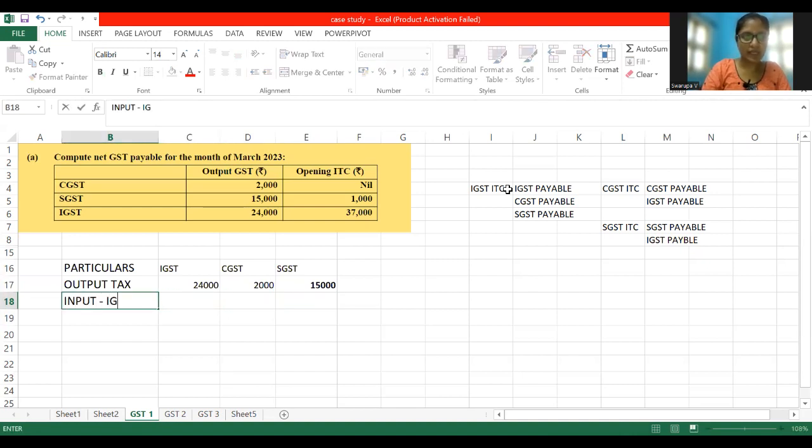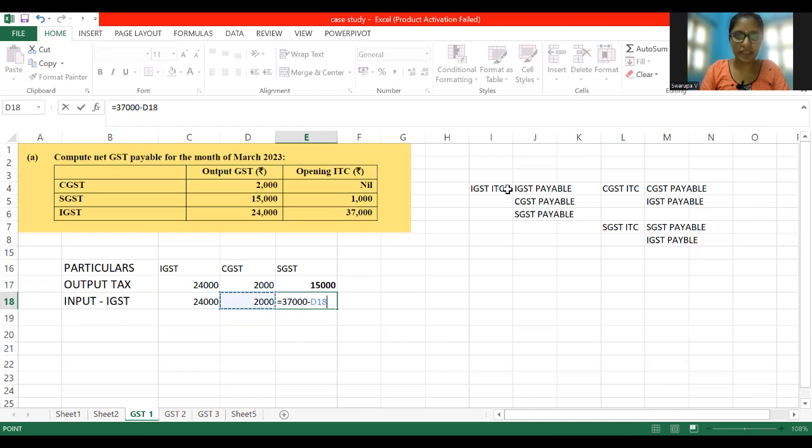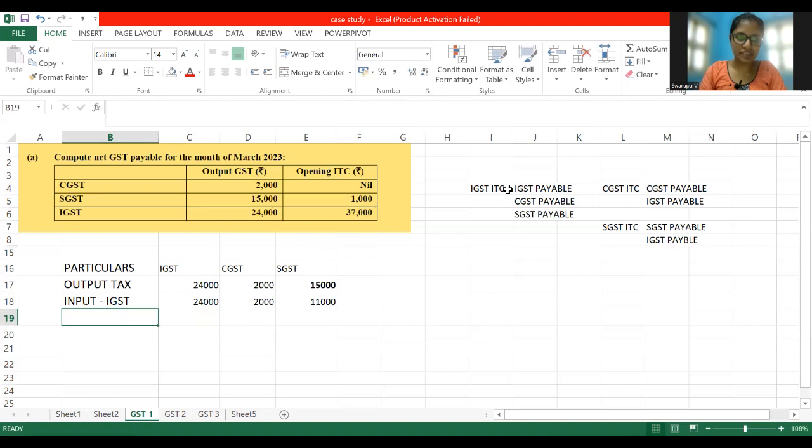Input IGST, first we will adjust against IGST full 24,000, then 2,000, then balance. I have 37,000 credit. So 24,000 I am utilizing against IGST, 2,000 I have completely utilized against CGST. So I have 11,000 left which I can utilize against SGST.